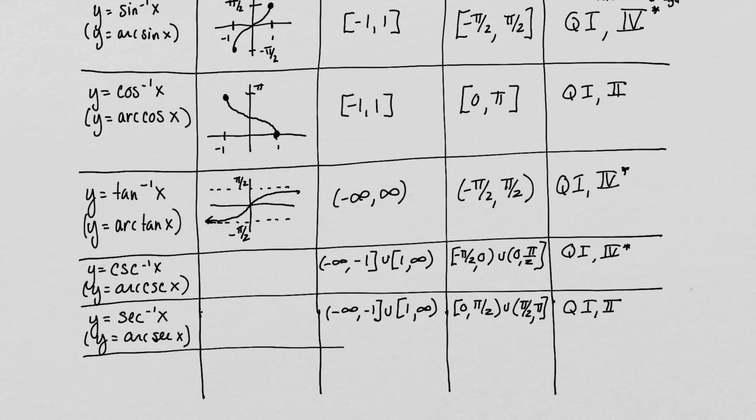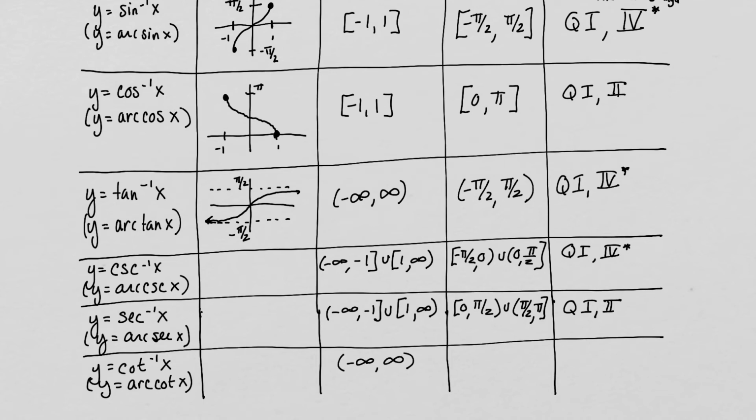And then finally, y equals the inverse cotangent of x, or y is equal to arc cotangent x. So the domain is from minus infinity to infinity, and the range is from 0 to pi.